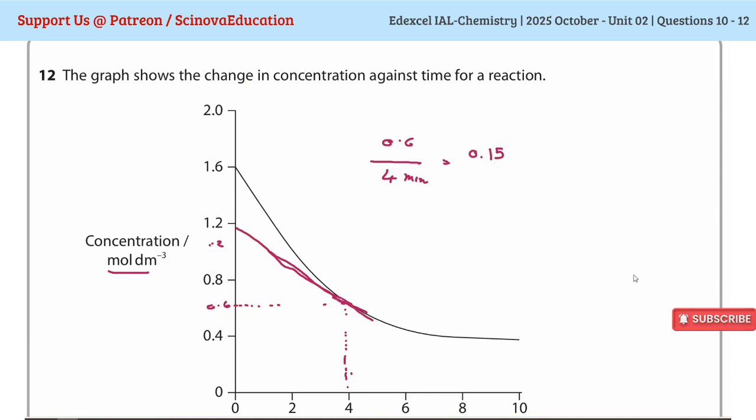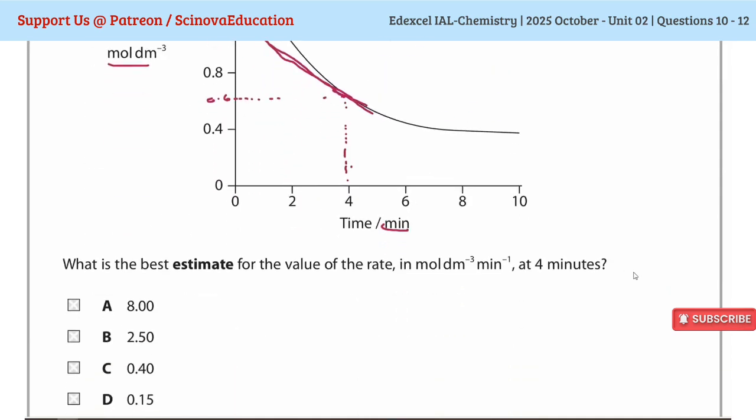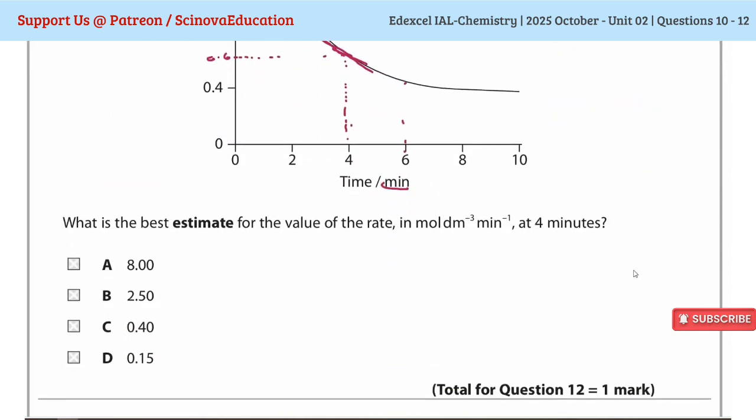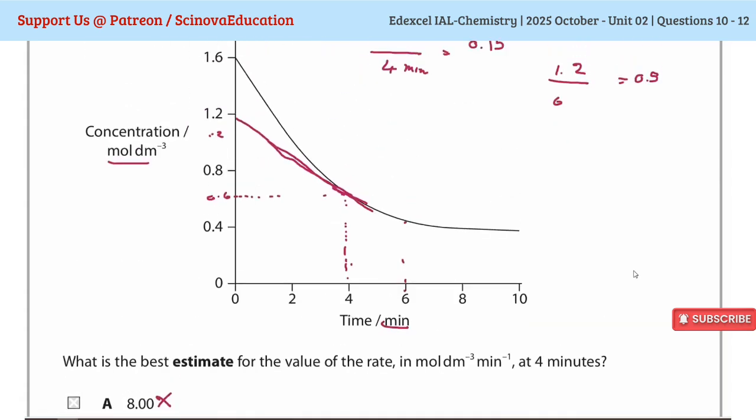But even without that, you can cut off these values more than 1 by just looking at the graph. The overall change is 1.6 minus 0.4, which is 1.2, and for that the time taken is 6, which gives 0.2. It cannot be more than 1. Therefore, these 2 answers are definitely out.